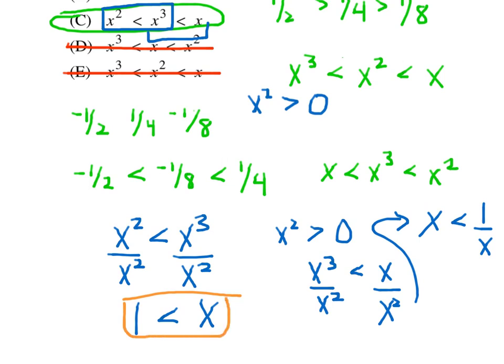Because any number larger than 1 cannot be smaller than its reciprocal. Just to give you an example, 2 is not less than 1/2.